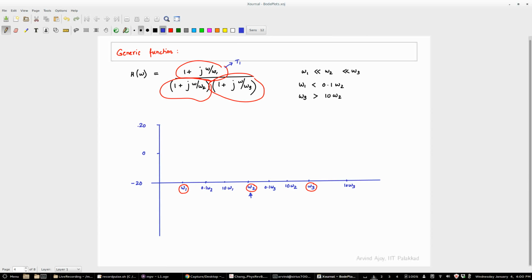So let's plot this term in blue. Let me call this T1, 1 plus j omega by omega 1, and let me just make this 0 for ease of plotting. Let me call that 0 dB, this minus 20 and that plus 20. So how does this function look?